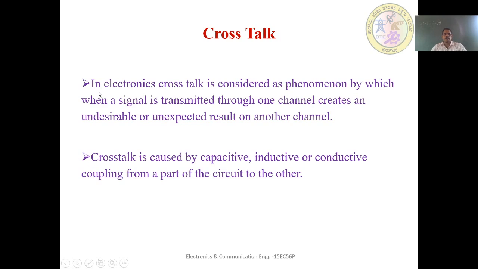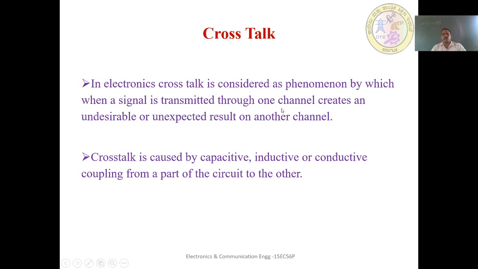Crosstalk. What is crosstalk? In electronics, crosstalk is a phenomenon by which a signal transmitted through one channel creates an undesirable or unexpected result on another channel. Here the channel is considered as a track. One track creating a problem in another track in the PCB is called crosstalk.